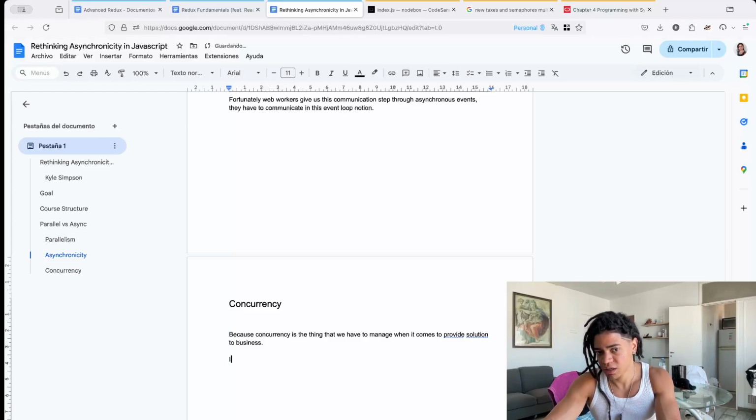Instead of looking at this like parallelism, which in our case is not applicable since we are writing JavaScript programs, which means single threads, okay? Single thread applications.